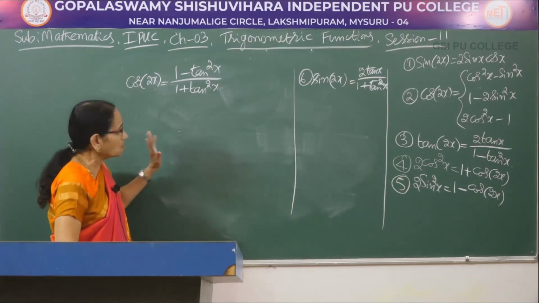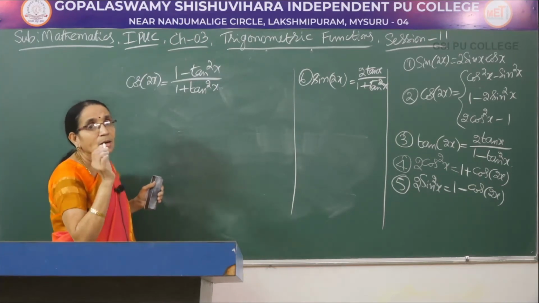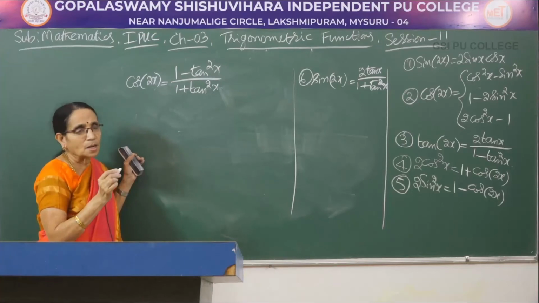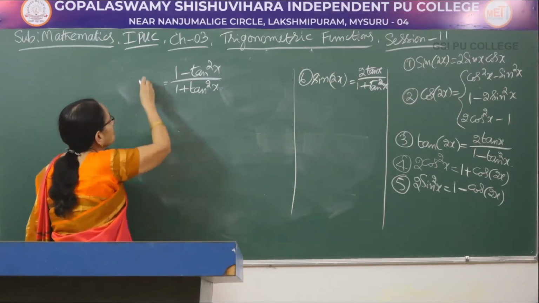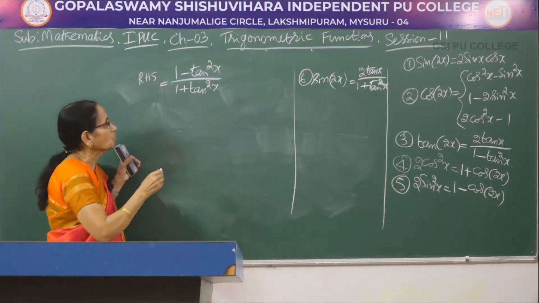And here also, as I told in the previous problem, we start from the right hand side. What's the right hand side? 1 minus tan square x over 1 plus tan square x. Try to show that it is equal to cos of 2x.